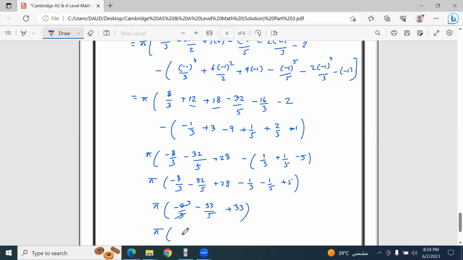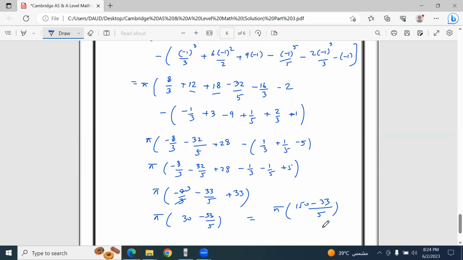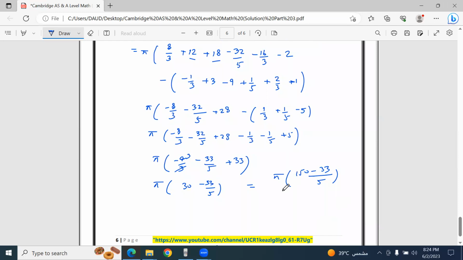This gives me minus 3 plus 33, 30, minus 33 over 5, which gives us 150 minus 33 over 5. And if we subtract 150 minus 33, we get 117. So this is 117 over 5 pi.